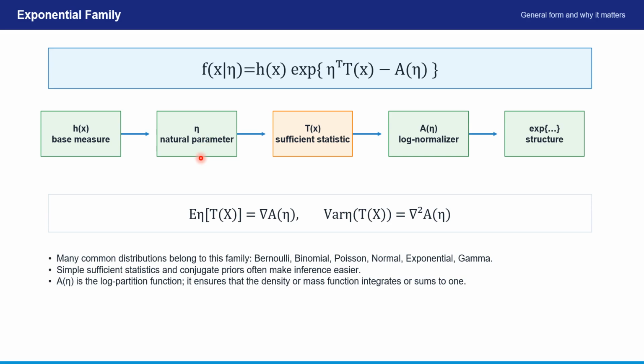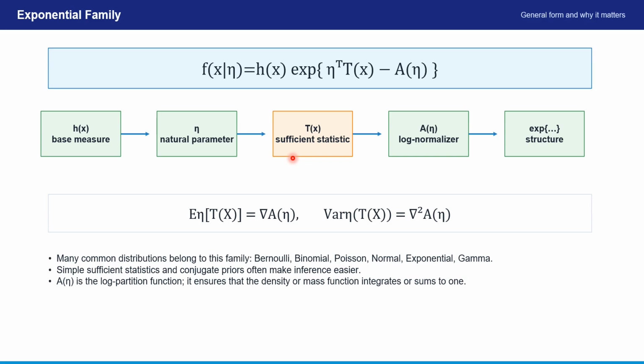This form is important because it makes sufficiency clear. For an IID sample, the sufficient statistic is usually the sum of the individual statistics. Tn equals sum from i equals 1 to n of t of xi. The log normalizer also gives moments.